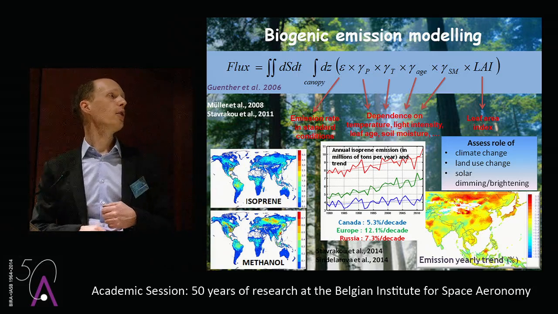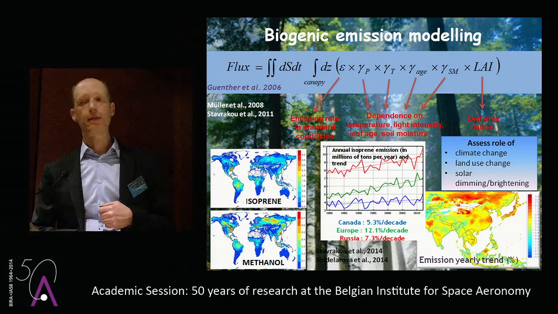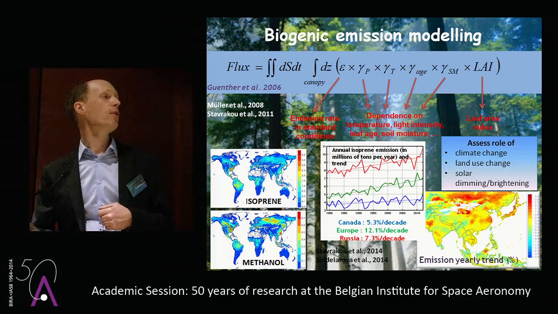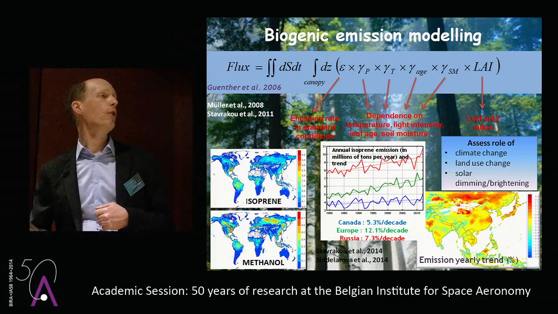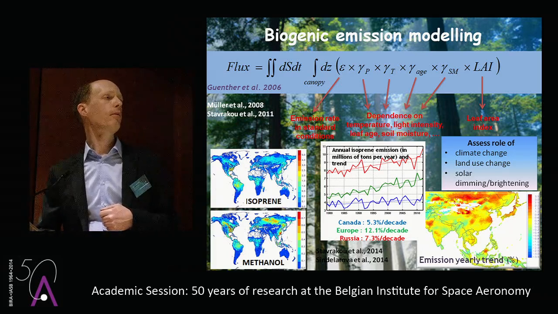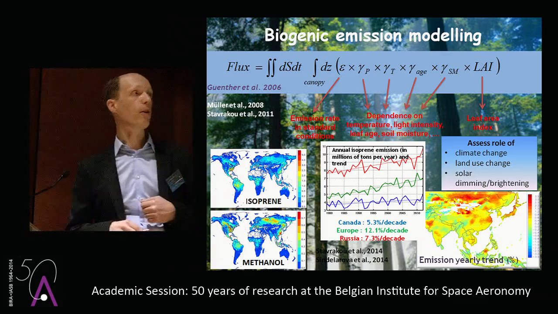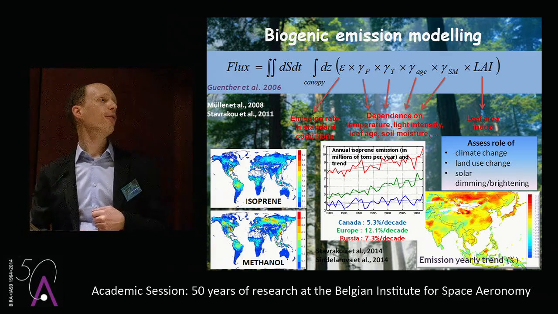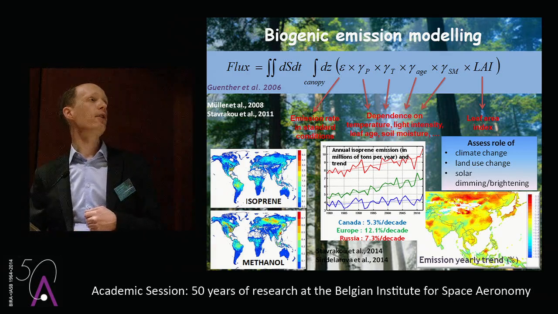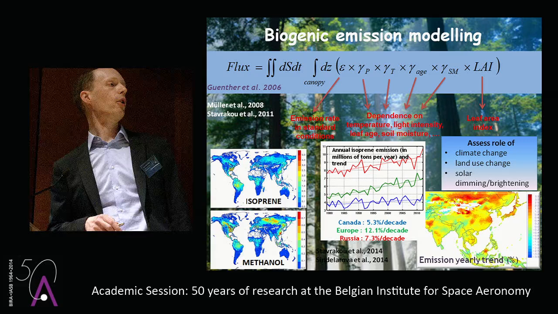And this shows a calculation between 1979 and very recently of the emissions over Canada, Europe, and Russia. And you see quite large, surprisingly large upward trends over those three regions. This shows a map of the trend over Asia.